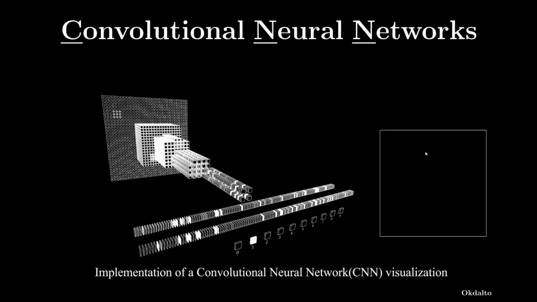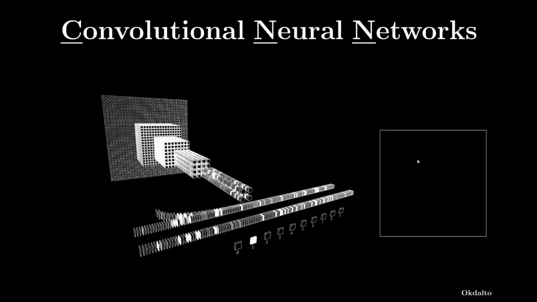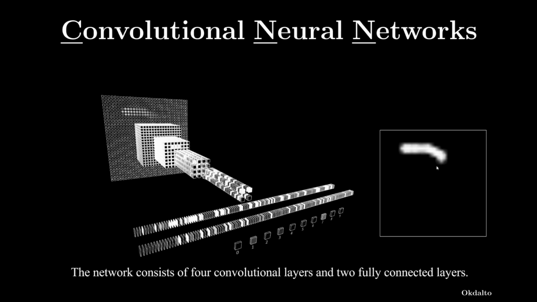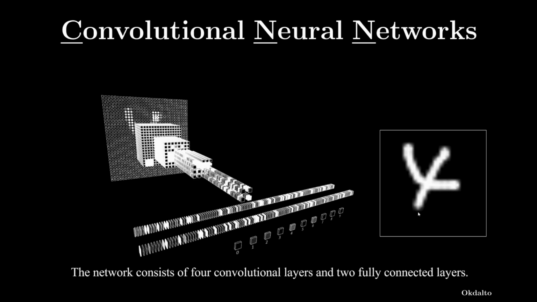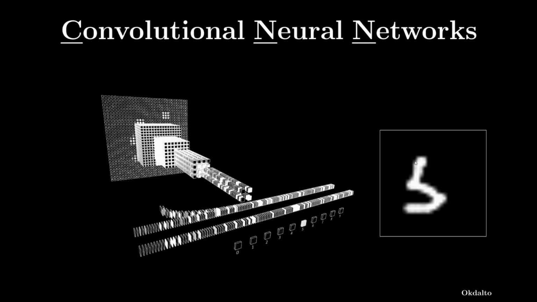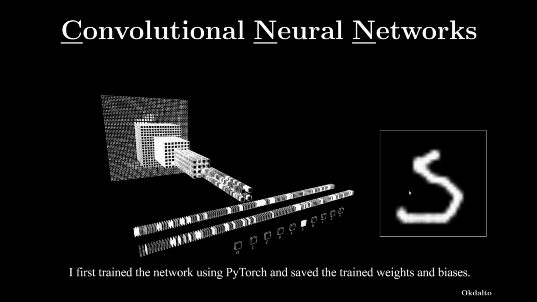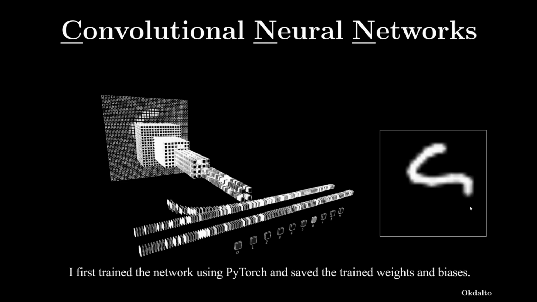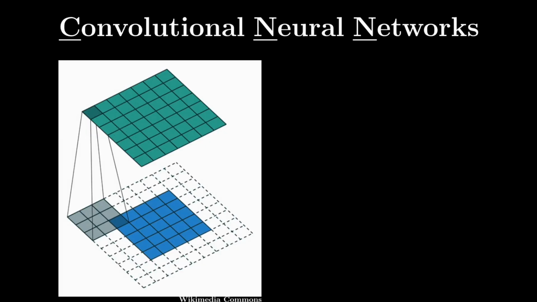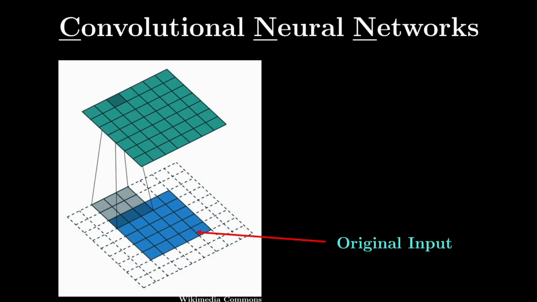CNNs automatically learn hierarchical features directly from raw input signals, which have been shown to be especially effective for spatially structured data like image classification, or time series data such as our ECGs. CNNs are composed of several key components that work together to extract and interpret patterns in data.